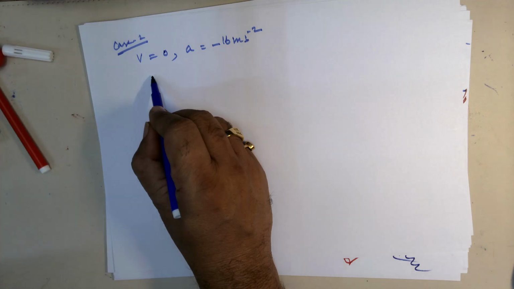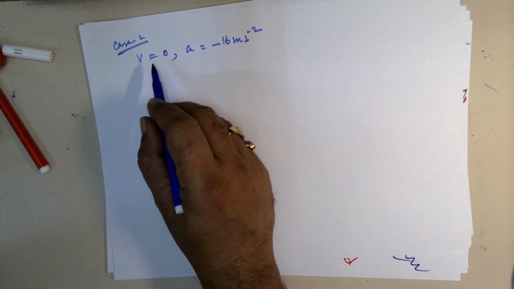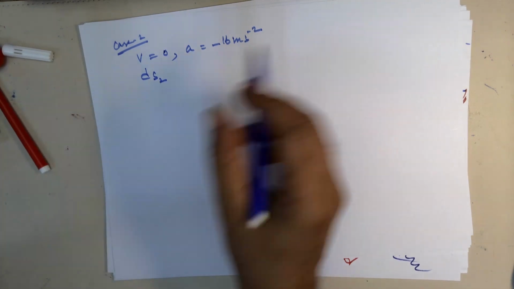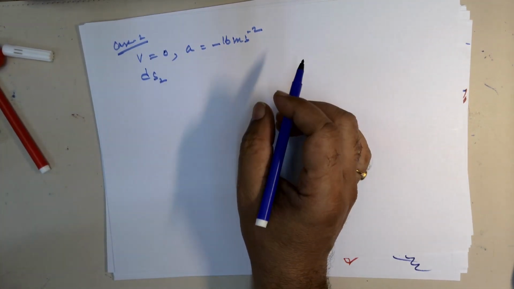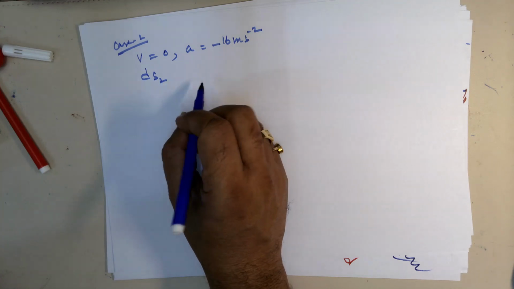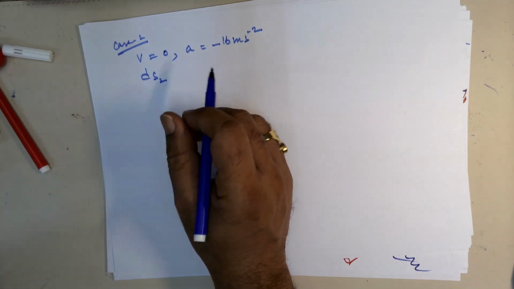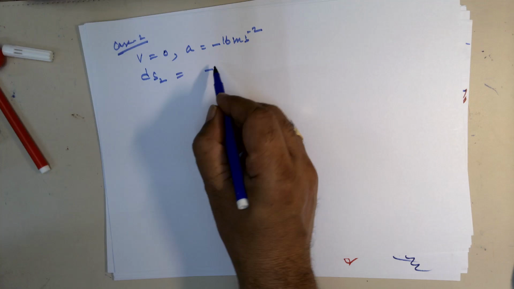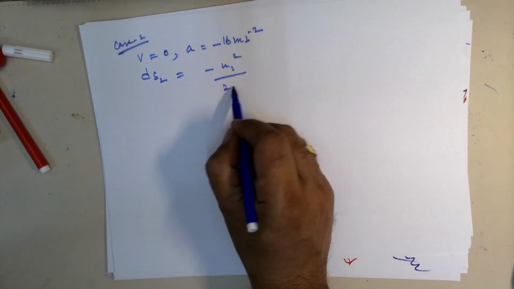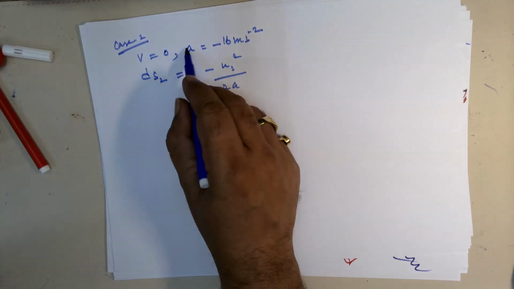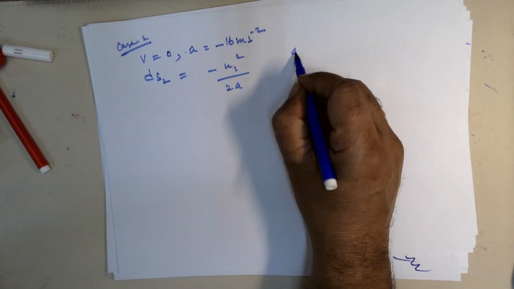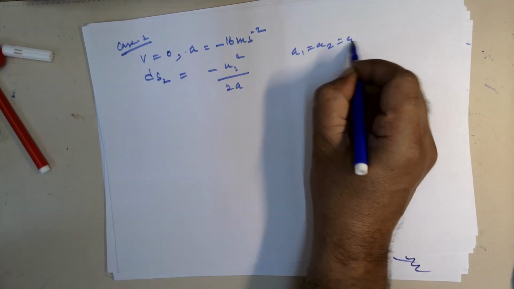And we have to find out the x, that is the ds2. So you can apply the same equation. ds2 is equal to minus u2 squared divided by 2a2. In this case, you are taking the same a. a1 is equal to a2, that is called a.